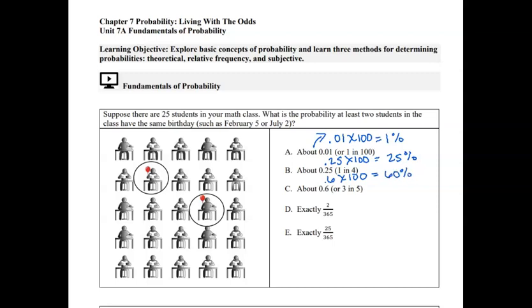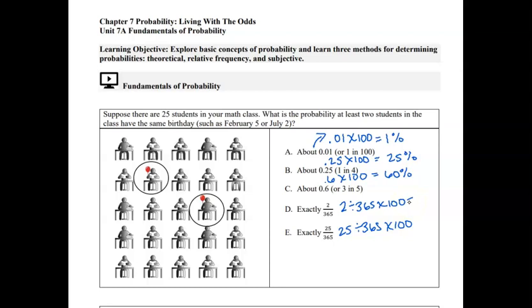Okay, and to get a fraction into a percentage that you can talk about, you would need to do 2 divided by 365 and then multiply by 100. 25 divided by 365 times 100.